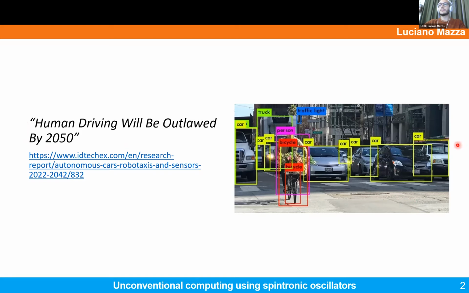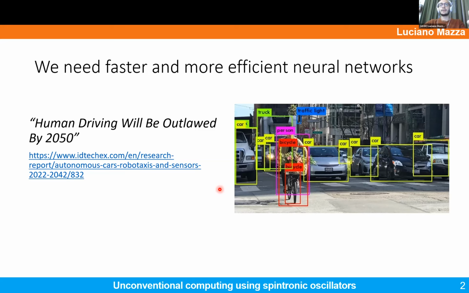The image on the right shows more or less how an automatic vehicle perceives the world, and it needs to understand what's happening in the surroundings at every moment. For this reason, there is the need for highly efficient and very fast neural networks.